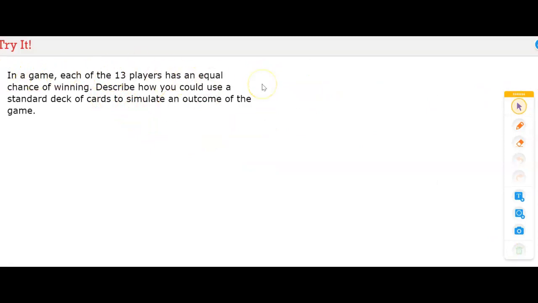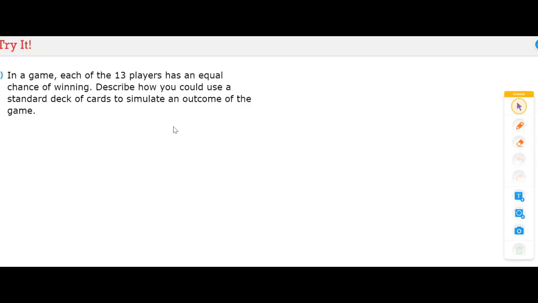In a game, each of the 13 players has an equal chance of winning. Describe how you could use a standard deck of cards to simulate an outcome of the game. One way is to use the cards: a deck has face cards, ace, king, queen, and jack, and then the number cards. You could assign each of the 13 players one of the cards.